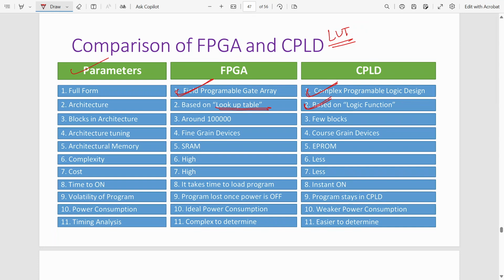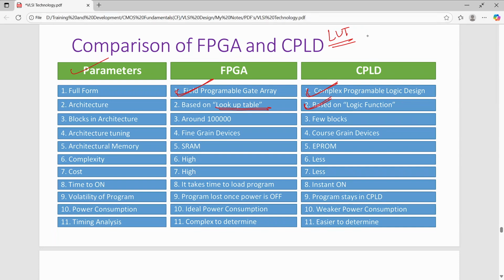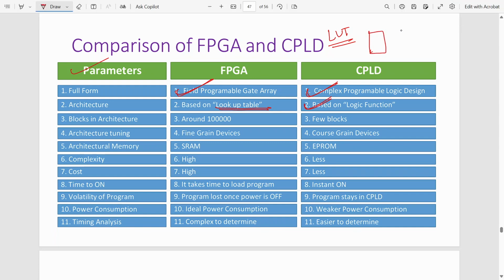A logic block has some combinational logic, then some flip-flops, and one more mux. The number of blocks in the architecture is around 1 lakh for FPGA, while here only a few blocks are available.